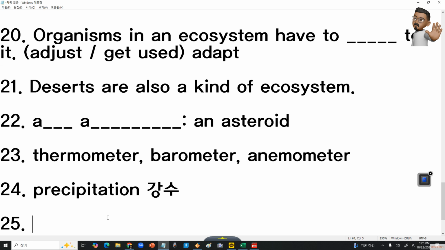24. In what kind of rocks can fossils be found more than the others? If you want to find fossils, you need to find these kind of rocks.